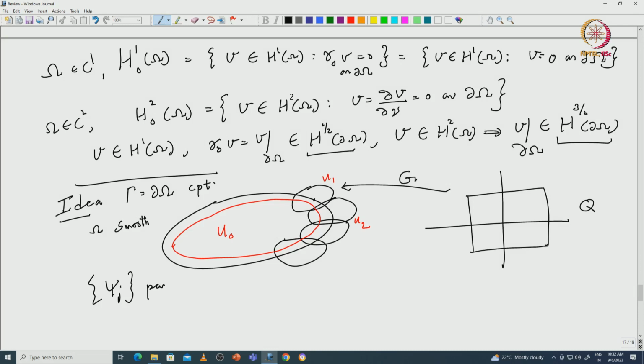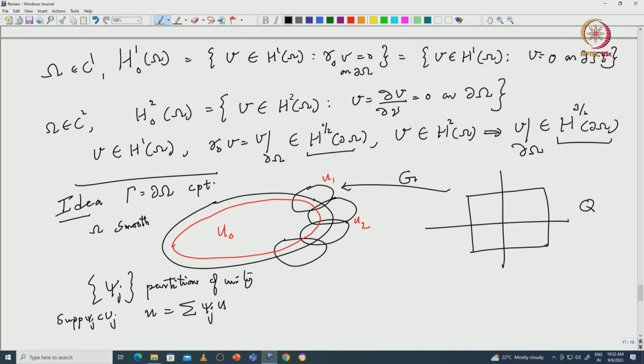This is one of the easiest ways I can define it. Then you can write your u as the summation of psi j of u, and you know that the support of psi j is contained in U j.